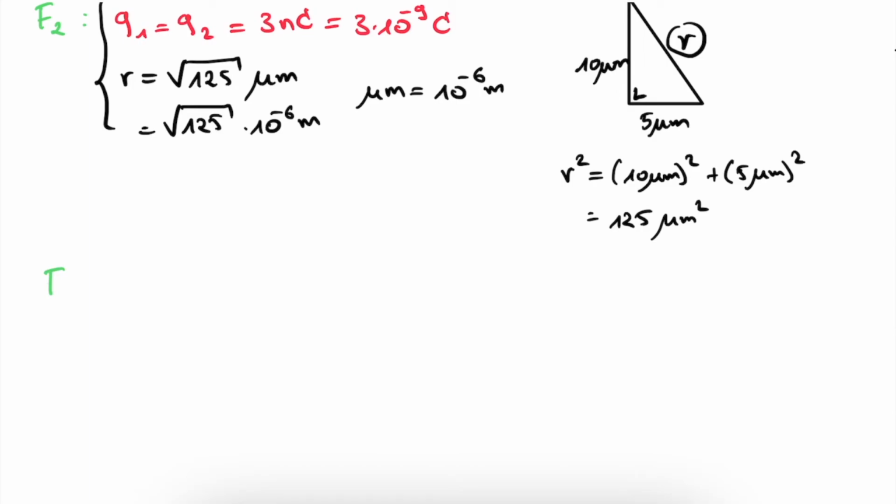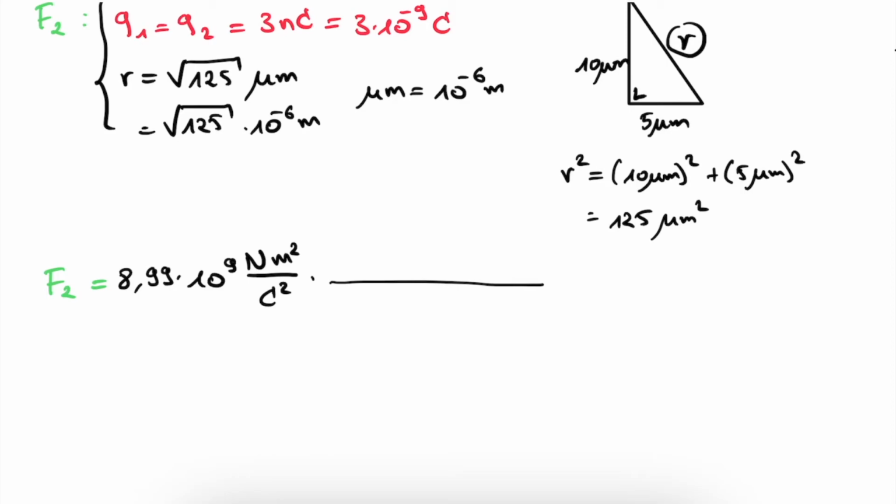So we get that F2 is equal to our converting factor, so 8.99 times 10 to the power of 9 Newton meters squared divided by Coulomb squared, multiplied by this long fraction. Within the numerator, Q1 times Q2, the product of our two charges.